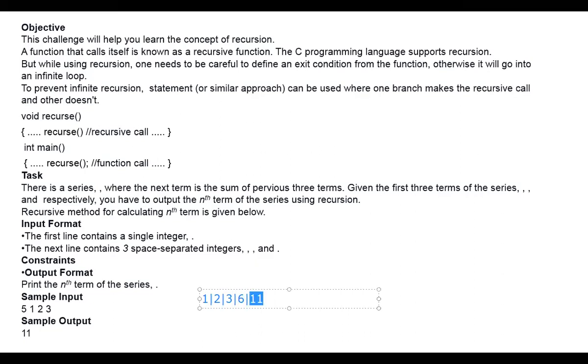So here the fifth term is 11, so the output is 11. Okay. So this 5 represents which term you want in the series. This 1, 2, 3 represents the first three terms, and now the fourth term is the addition of the previous three, and the fifth term is the addition of the previous three, that is 11. I hope that you all have understood the problem.